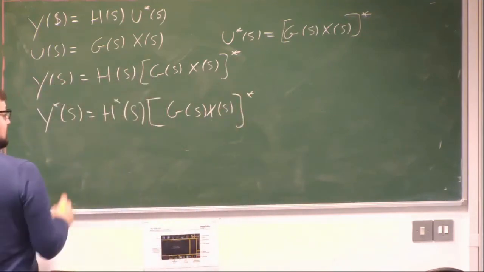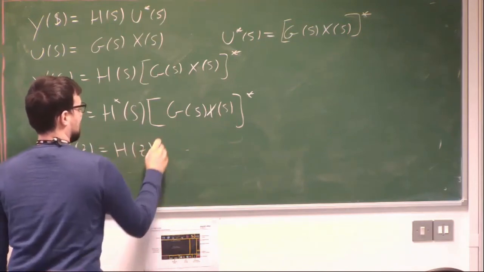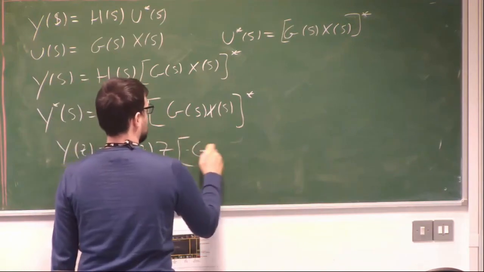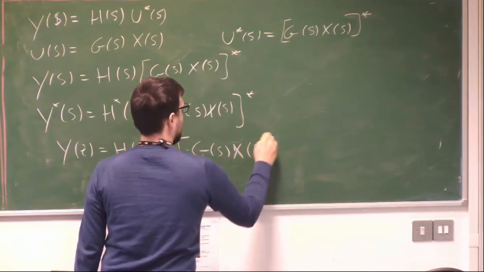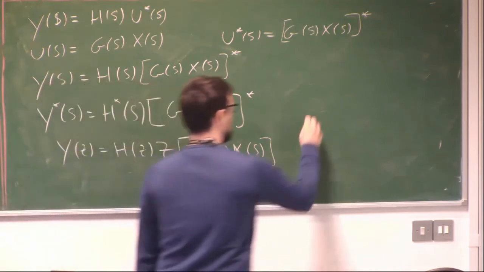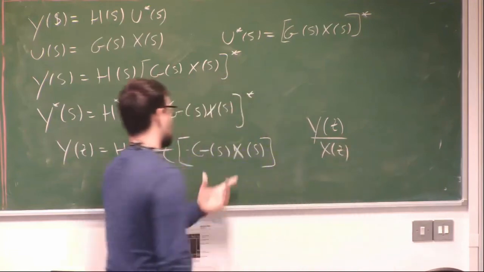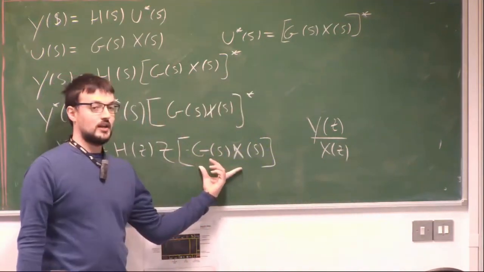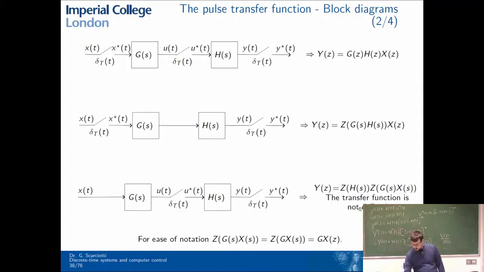We write this in the z transform, and we get y of z is equal to h of z times the z transform of g of s x of s. So we get this expression, and the problem is that for this expression we cannot define the transfer function, because y of z divided by x of z is not well defined, because we cannot actually isolate x of z. So here we see that for this case the transfer function is not defined.